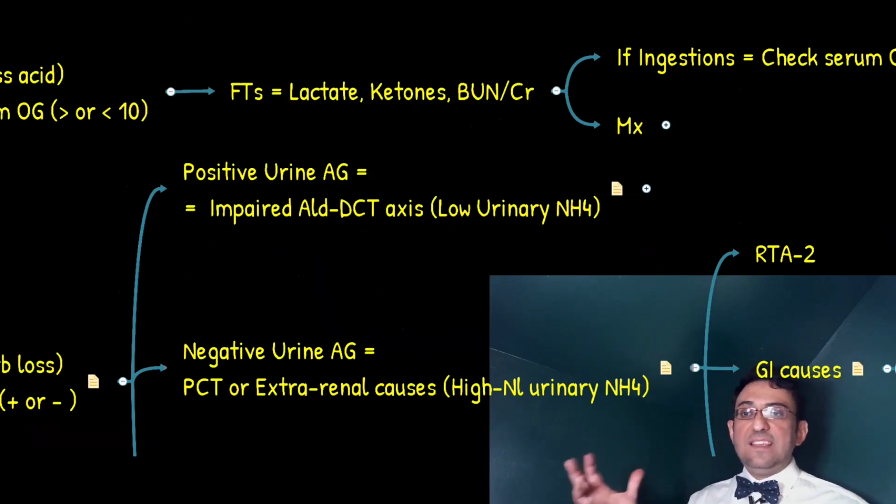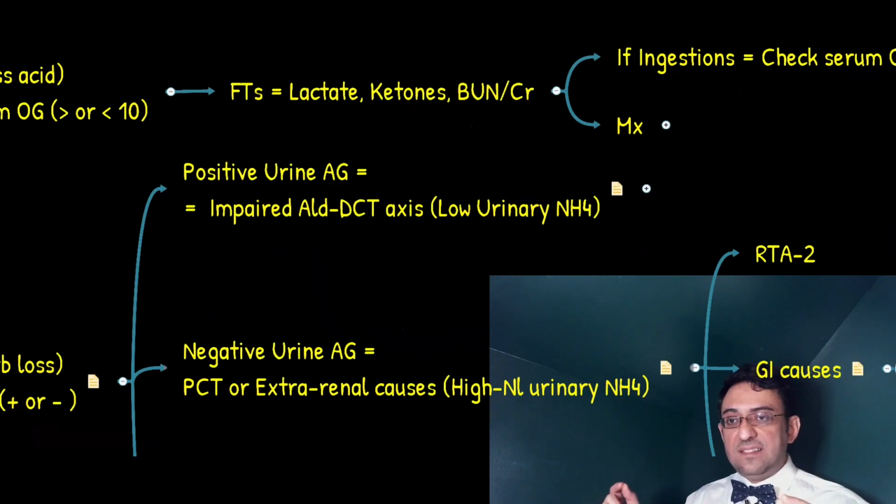However, if the kidney is functioning properly, the proper response of the kidney to metabolic acidosis is increasing the urinary osmolar gap to values more than 400. Why is it so?